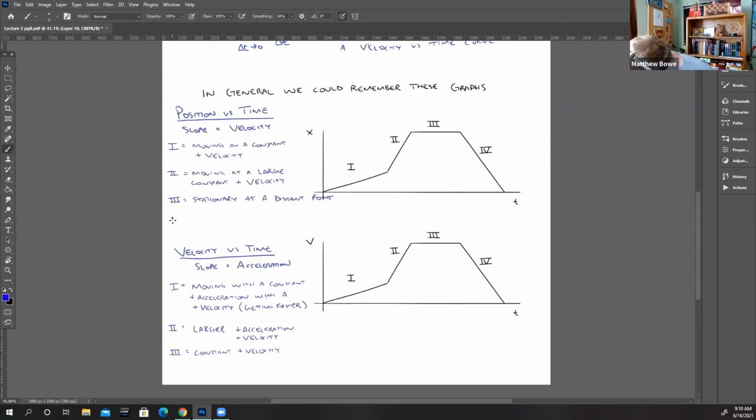So for section 4, the top one, this is where the object starts moving closer to the origin. So I'll just say moving. It has a negative slope now, so it's moving with a negative velocity.